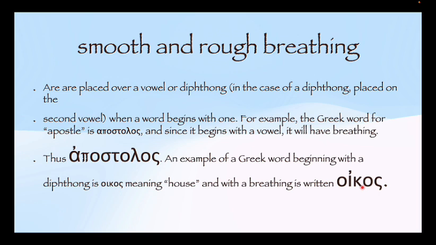You read it as oikos, because we've said a diphthong has one sound. It means house. Apostolos means apostle. Hope it is clear, or it will get clearer as we look at other examples in this lesson.